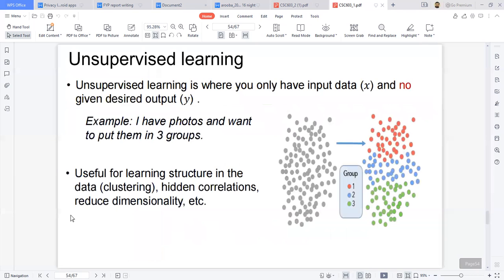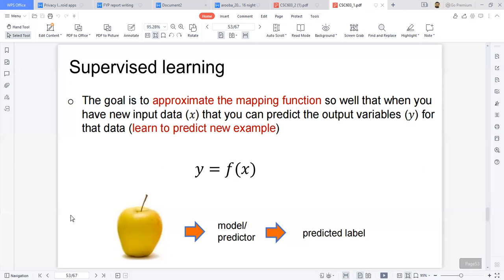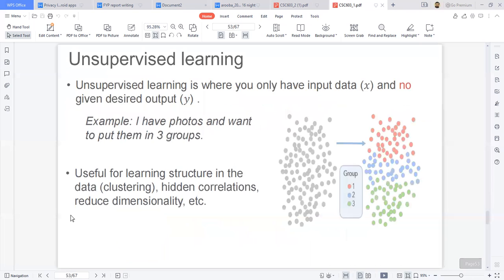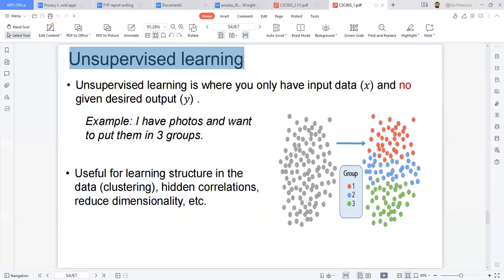Okay. So till here we discussed supervised learning. Now we are discussing unsupervised learning. What is unsupervised learning? Do you remember? Unsupervised means unlabeled data. Great. So unsupervised learning is where you only have input data and no given desired output y.